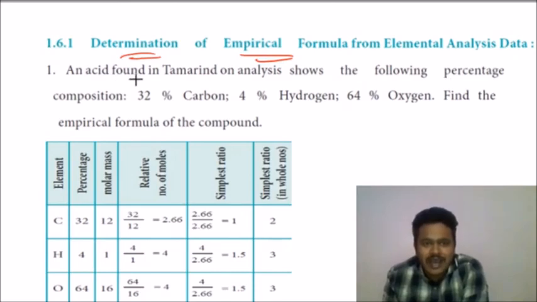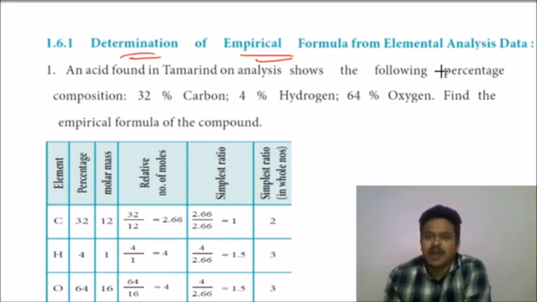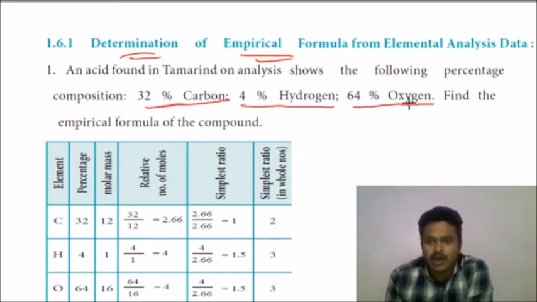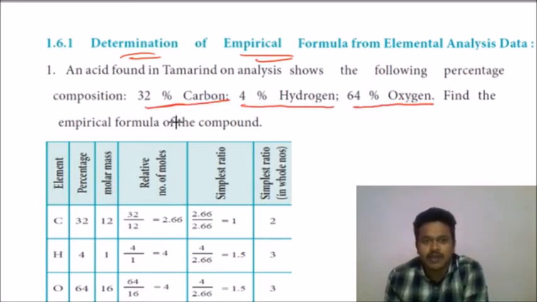An acid found in tamarind; an analysis shows the following percentage composition: 32% carbon, 4% hydrogen, 64% oxygen. Percentage means per 100 is given. First of all, what do we have to check?